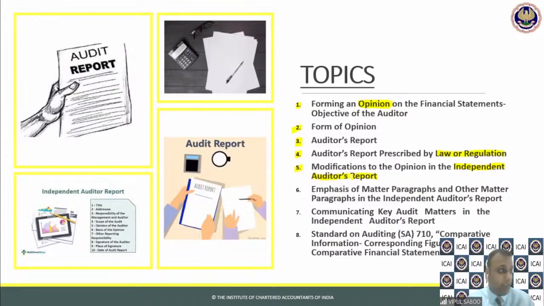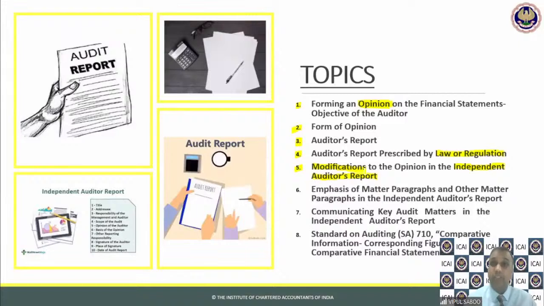Once we are done with the audit report, yes, good, then if we have to make any modifications to our opinion, we have to modify our opinion depending upon the facts and circumstances of a particular case, of a particular engagement.